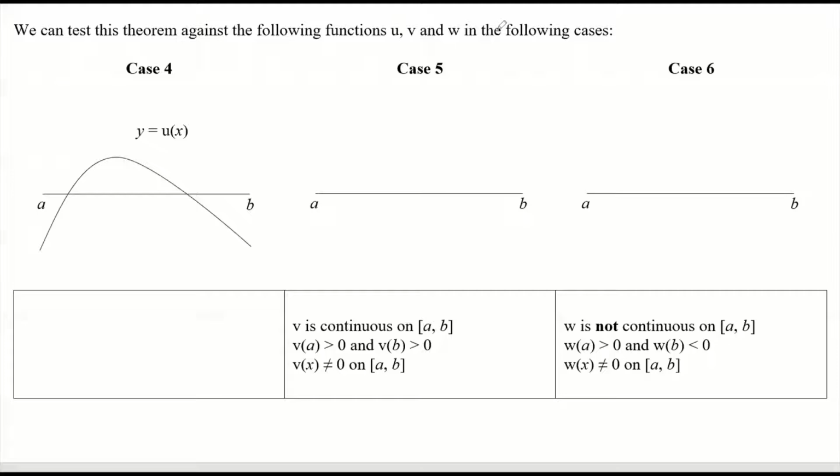We've got y is equal to u of x. Now the curve is drawn for us. Now we can see that there are two roots in this interval. So let's just have a look at some of the properties. So we have two roots in the interval AB.